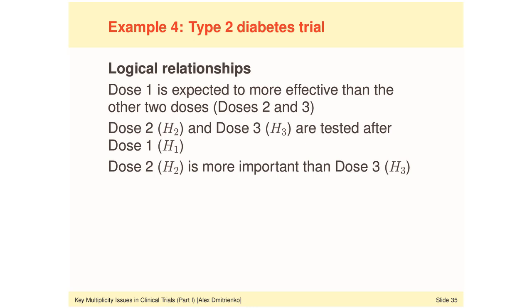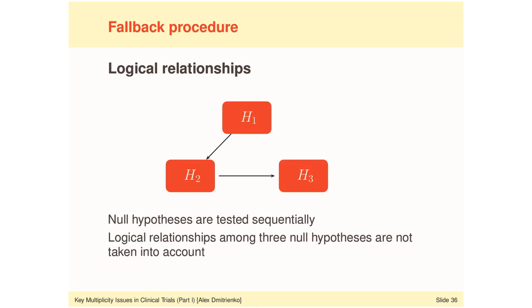All of this information will be taken into account to build a testing algorithm which will be utilized in an efficient chain procedure. Let us see if a testing strategy of this kind can be implemented within the class of fallback procedures. This diagram shows 3 boxes, and they correspond to the 3 null hypotheses of no effect in this clinical trial example.